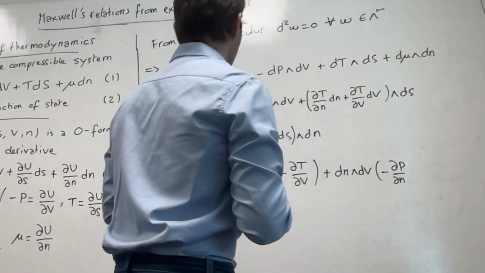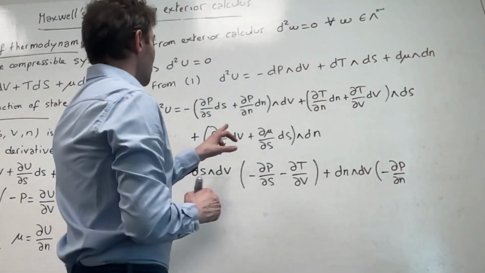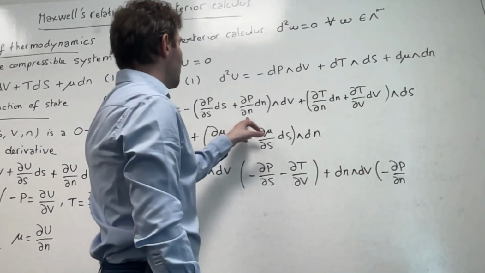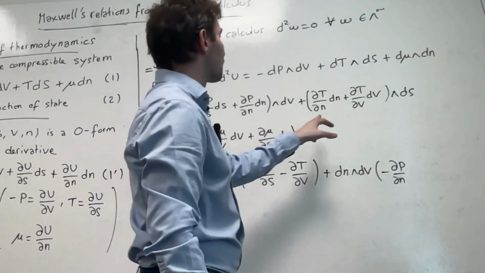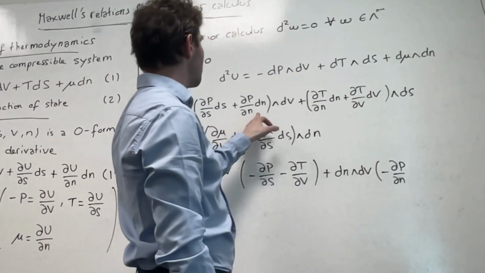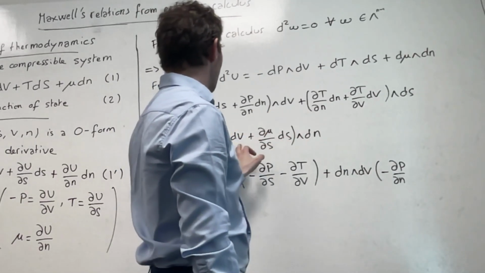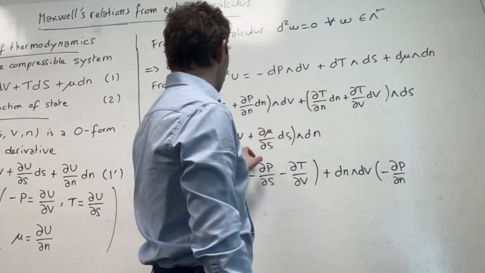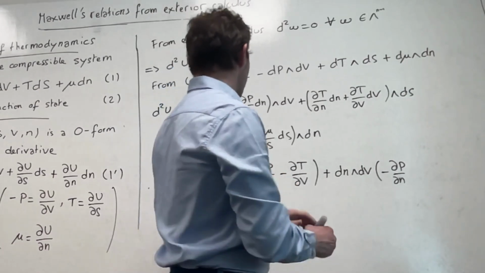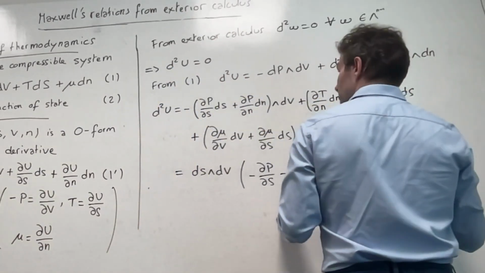And then what else do we have? Minus dp dn, and then here we've got again dn dv, and that's minus d mu dv.